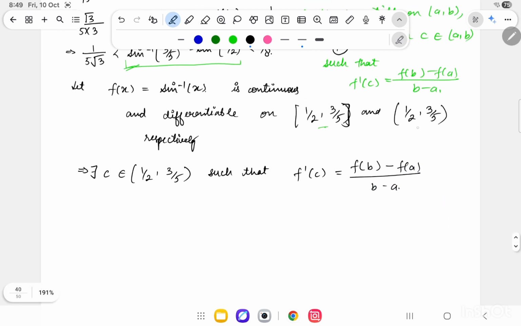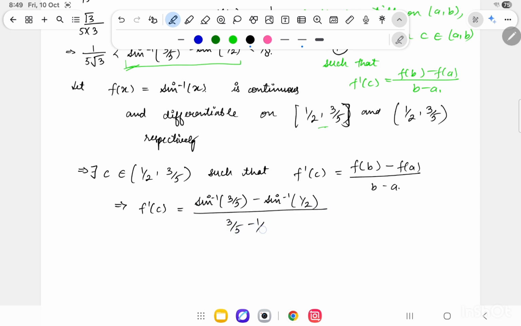Now in our case b is 3/5 and a is 1/2. So from here f dash c will be equal to sine inverse 3/5 minus sine inverse 1/2 divided by 3/5 minus 1/2.